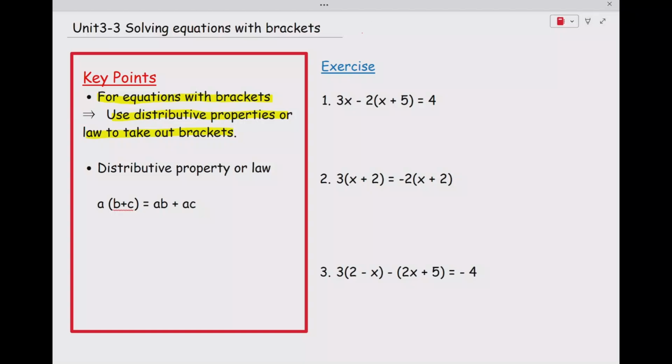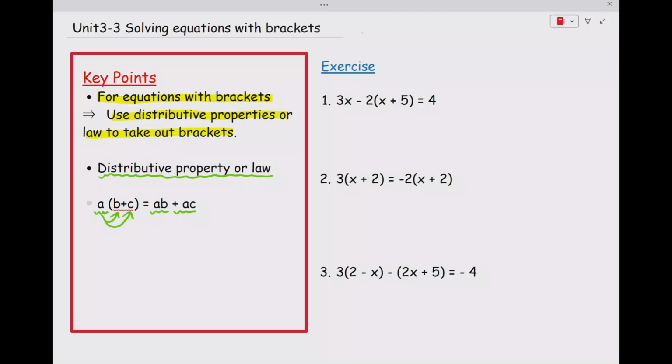The distributive law is explained in Unit 2-4, Multiplying and Dividing Algebraic Expressions Part 2. But for a quick review, it means that you multiply the number just outside the brackets onto each of the ones inside brackets like this, and remove the brackets.